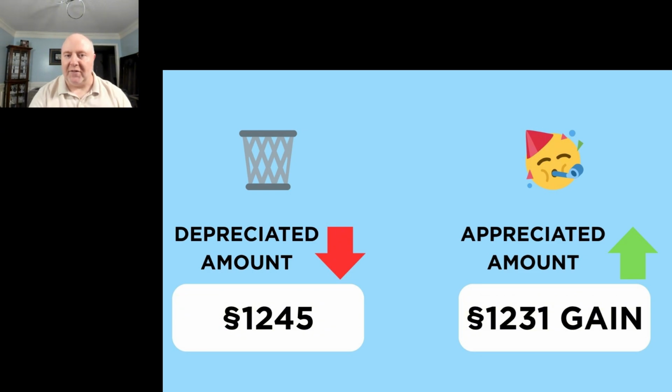Once we know our adjusted basis, we look to see what our sale price was. So we take sale price minus our adjusted basis, and that gives us our realized gain. Now our rule is we take the lower of realized gain or accumulated depreciation.